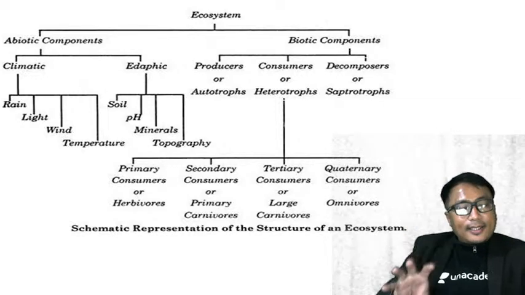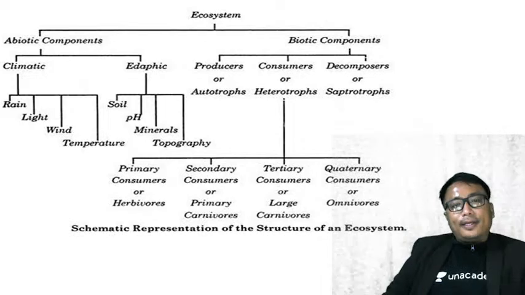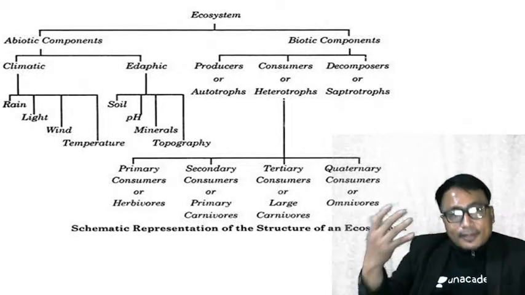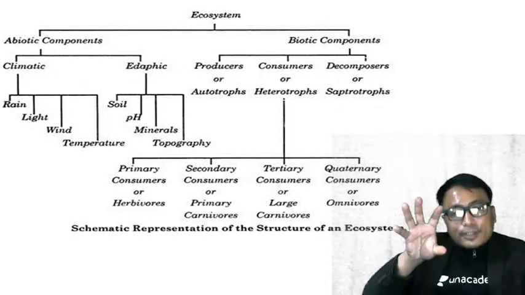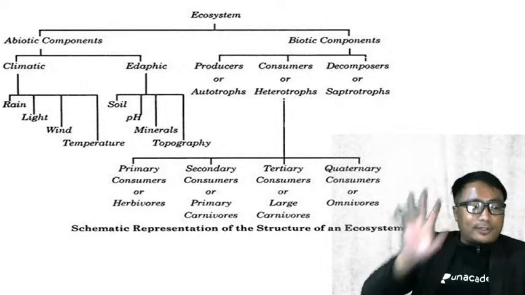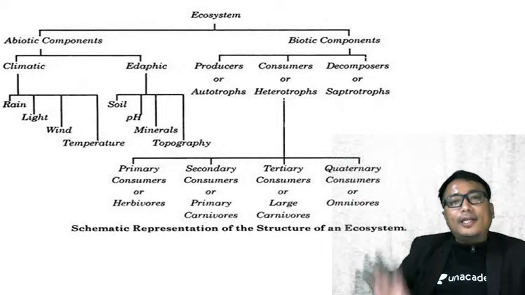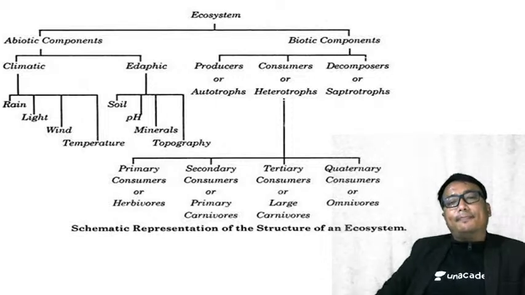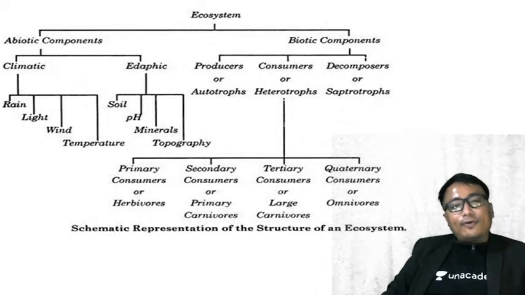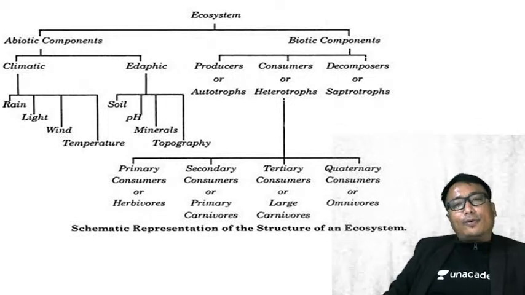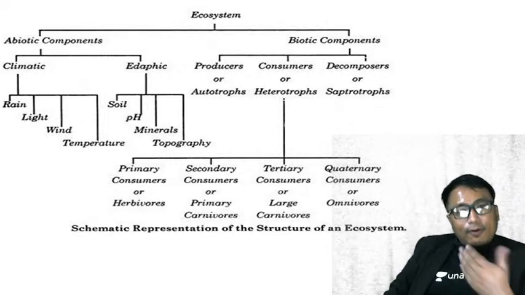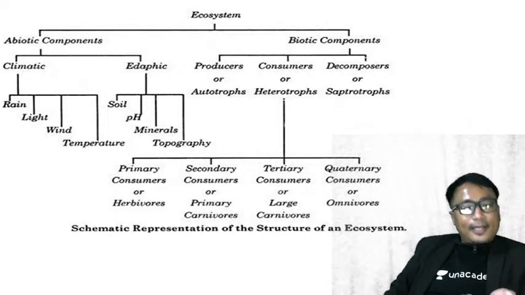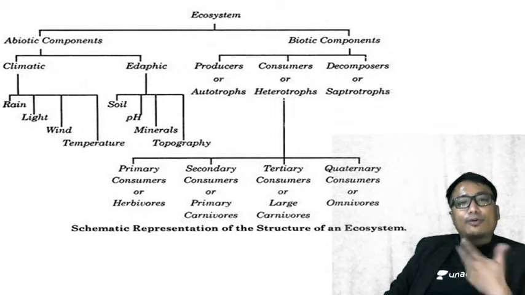The structure of ecosystem is nothing but the composition of different elements in the ecosystem. Since I have already explained what an ecosystem is, I am not explaining once again. It all came from ecology. The application of general system theory in the study of ecology is nothing but the ecosystem.